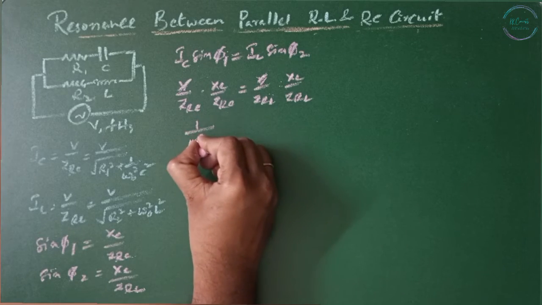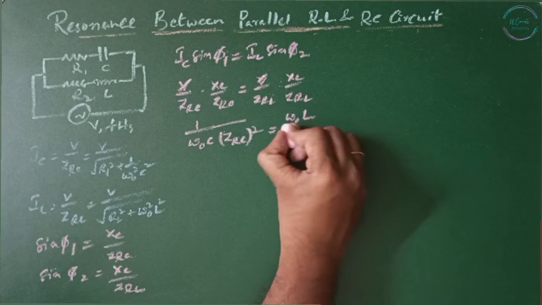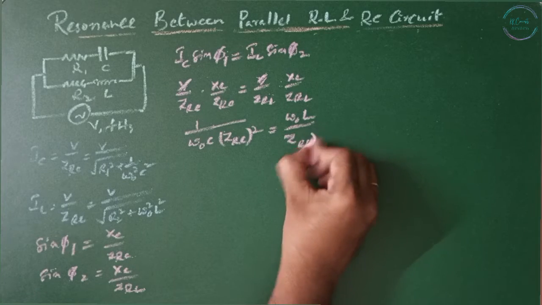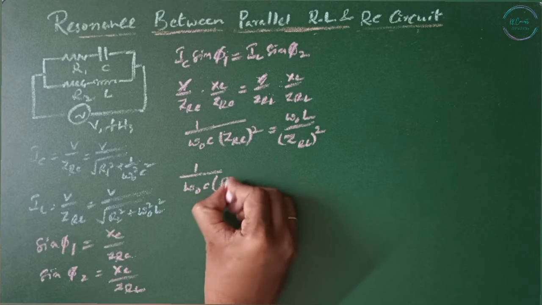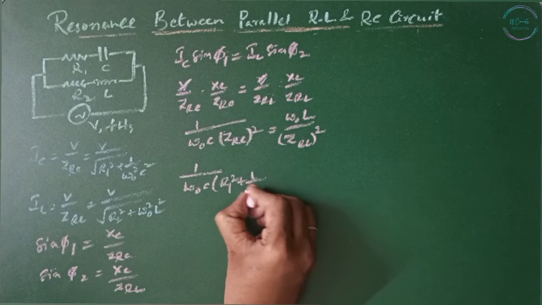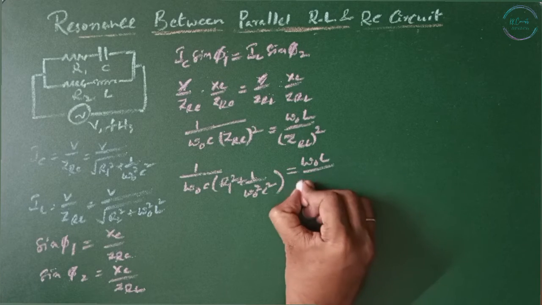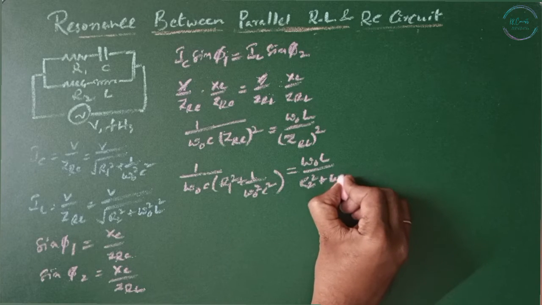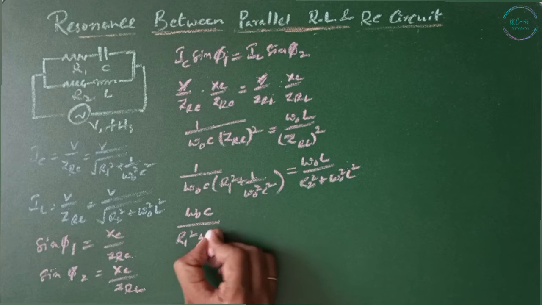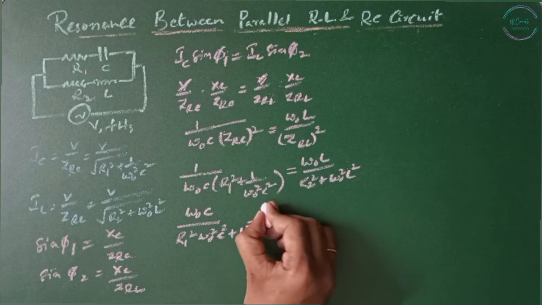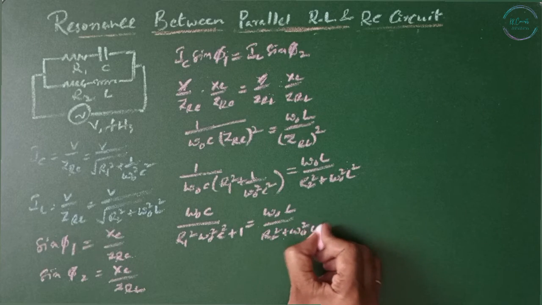So 1 by omega naught C divided by ZRC whole square equals omega naught L divided by ZRL whole square. Substituting these values, 1 by omega naught C over R1 square plus 1 by omega naught square C square equals omega naught L divided by R2 square plus omega naught square L square. Then 1 by omega naught C over R1 square omega naught square C square plus 1 equals omega naught L by R2 square plus omega naught square L square.